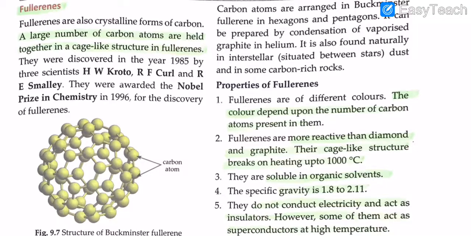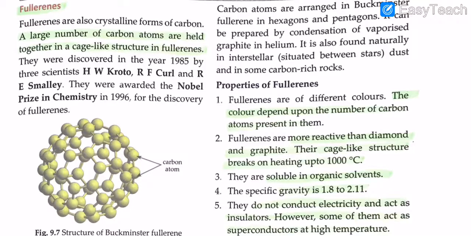It can be prepared by the condensation of vaporized graphite in helium, and it is also found naturally in interstellar space, between stars, in dust, and in some carbon-rich rocks. Now, the properties of fullerenes: they are of different colors, and the color depends upon the number of carbon atoms present in them.